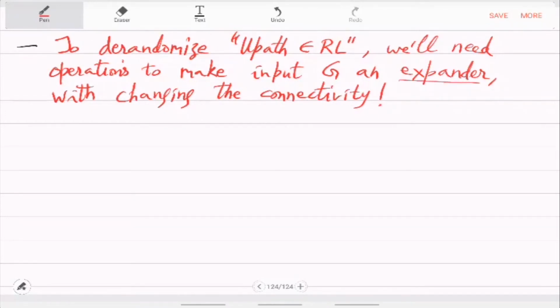So, you want an expander, but you also want to remember something about the connectivity of s and t, source and target vertices in G.